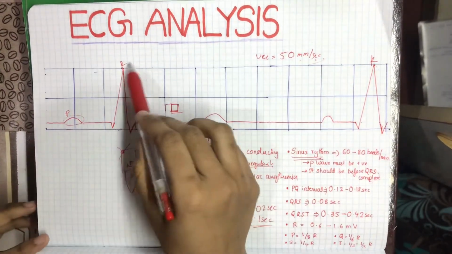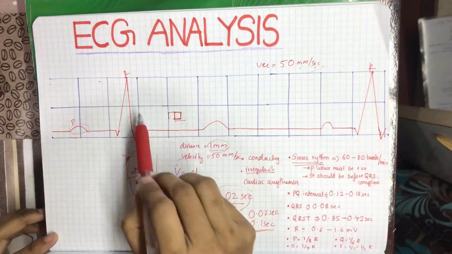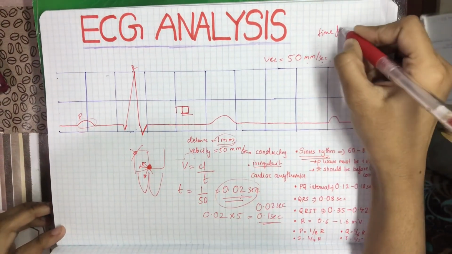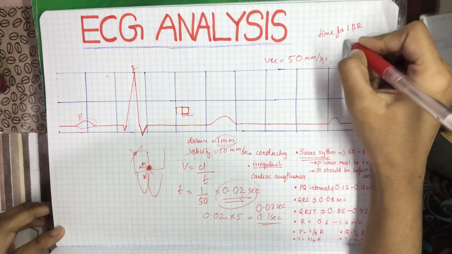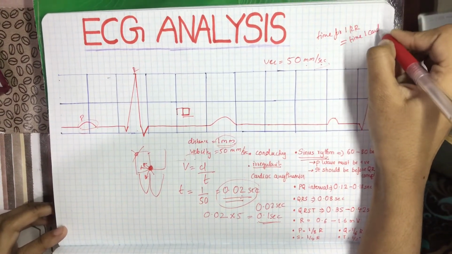So if this is one cardiac cycle, and we are taking the time for this RR interval, the time for one RR interval will be equal to the time for one cardiac cycle.